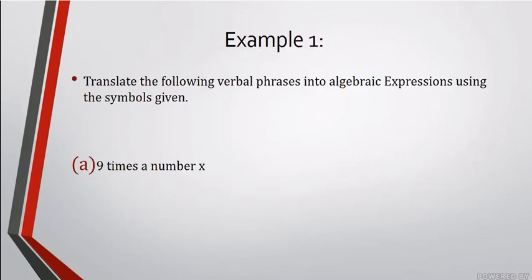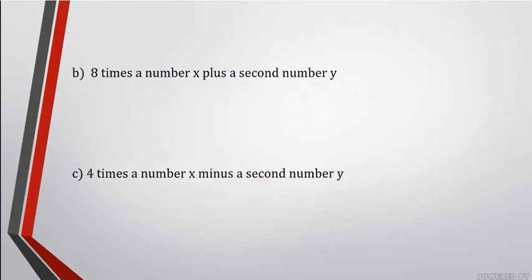Let's look at 9 times a number x. Let's do it in parts. 9 times a number x. 9 by x will give us 9x. Next, 8 times a number x plus a second number y.